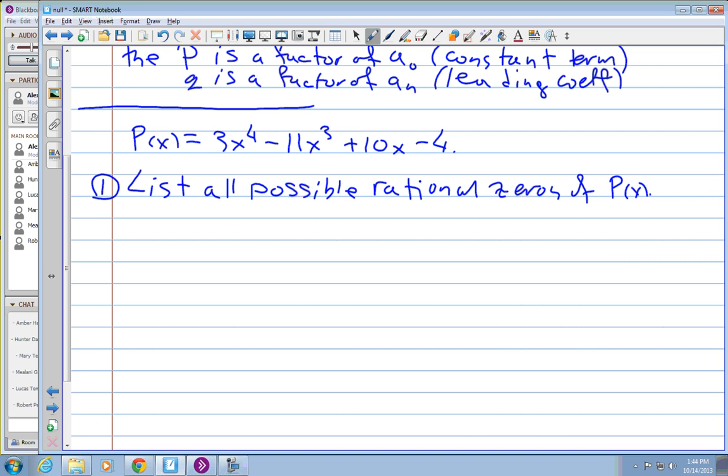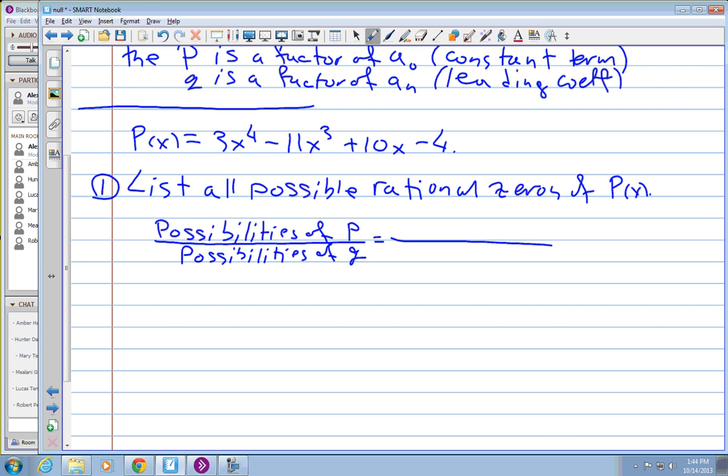I'm just going to say, all right, so possibilities, is that how your book puts it? Yeah, possibilities of P divided by possibilities of Q. So what are the factors of -4? What integers divide -4?